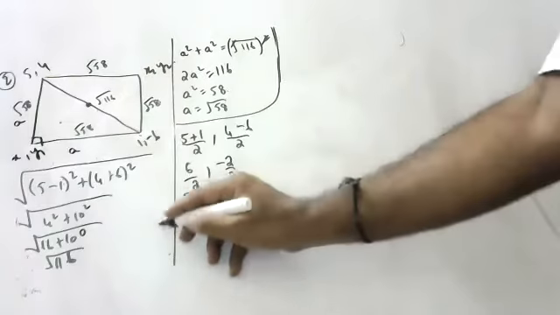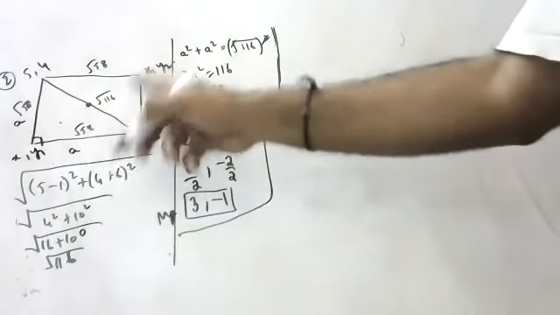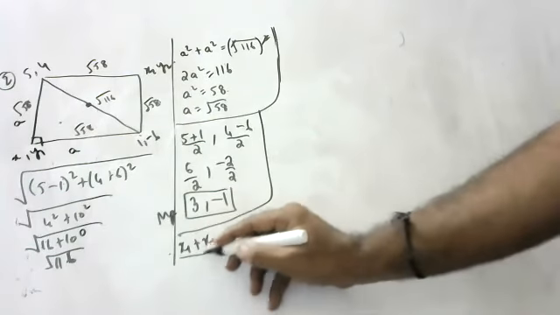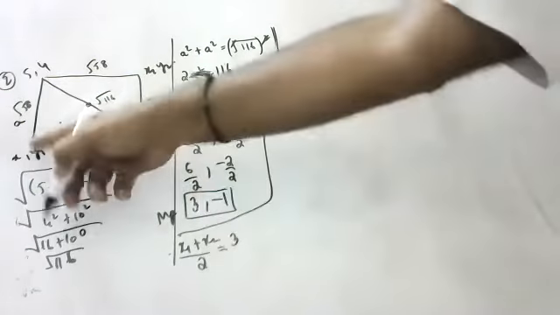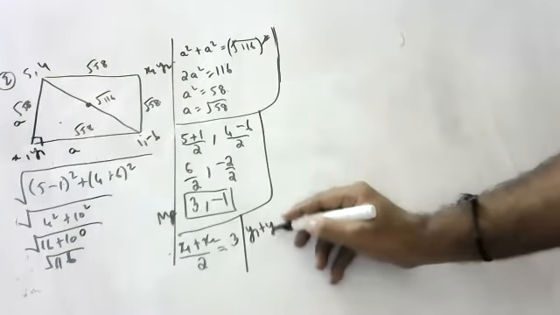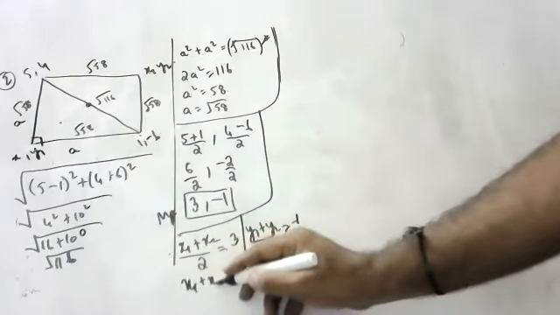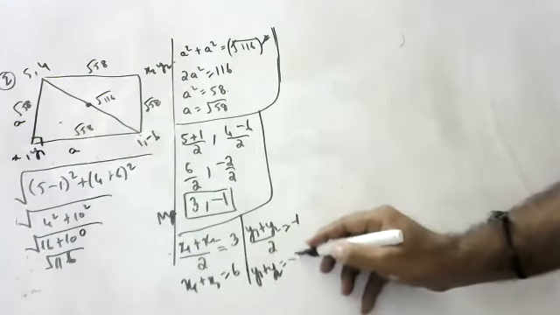These are the midpoints, so this midpoint will also be the same. x1 plus x2 by 2 will be equal to 3, and in the same way y1 plus y2 by 2 is equal to minus 1. x1 plus x2 is equal to 6 and y1 plus y2 is equal to minus 2.